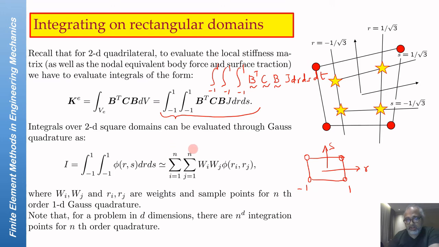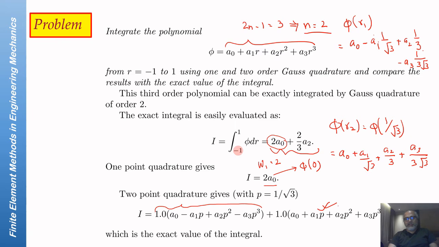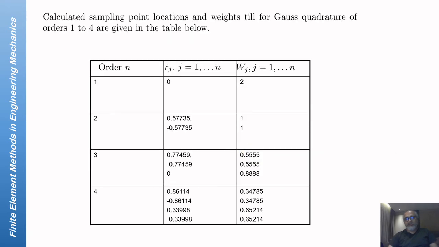choose the order n, then i equal to 1 to n, j equal to 1 to n, wi, wj, phi, ri, rj. So for this quadrilateral, if you do a 2-point integral, you would go back to the table for n equal to 2. So your sampling points are 1 by root 3 and minus 1 by root 3. Weights are 1.